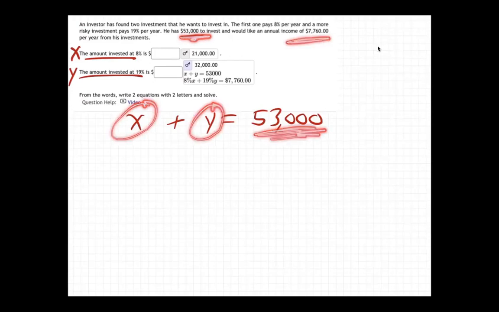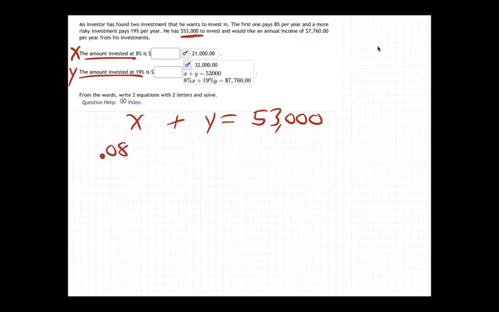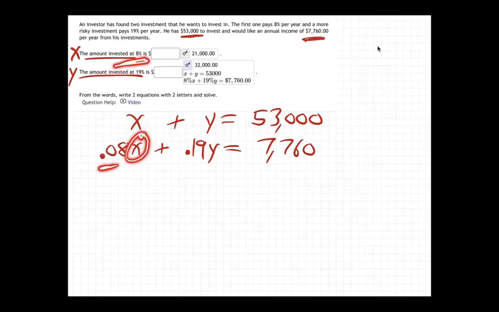Now, the income part's a little more tricky. How do we do that? Well, the X makes 8%. So 8% times X plus the other one makes 19% Y equals $7,760, right? Because however much he invests X at the 8% account, he gets 8% of that.